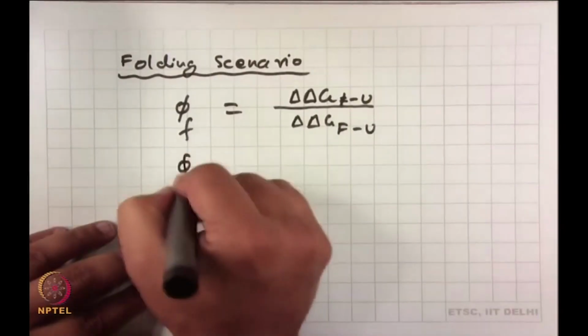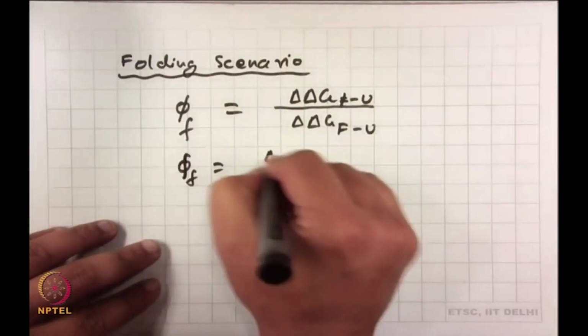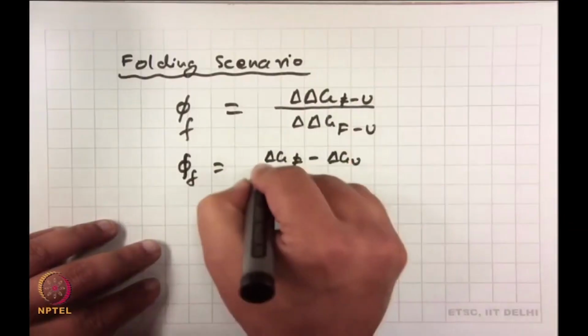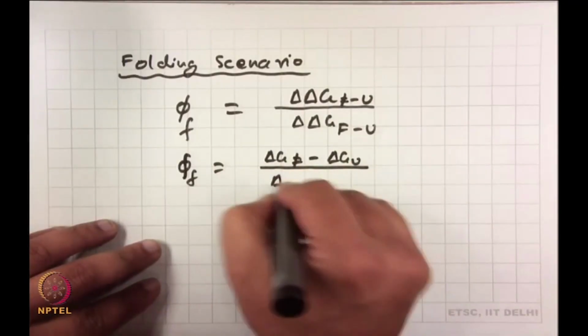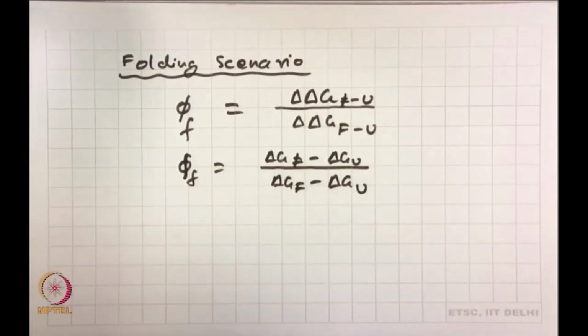So, if you write it again, phi f would be equal to delta G hash minus delta G u over delta G f minus delta G u, right. This is a folding scenario, and if you take up any paper nowadays, people mostly talk about the phi folding. Okay.